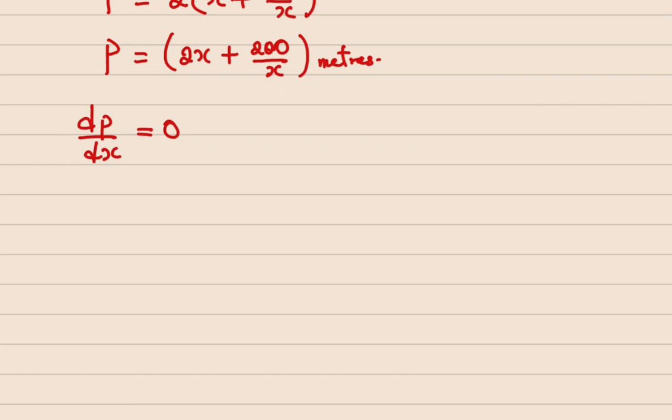Now, differentiating it, you need to know that P is actually 2x plus 200 x raised to the power minus 1. I want to believe you understood what I just wrote. I'm using indices.